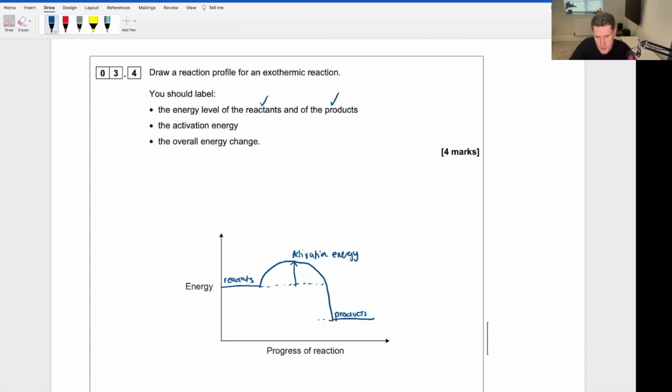Energy change is the difference in energy, so what you started with versus what you finish with. So it's from the start line to the end line. Okay, and that's it for 4 marks. That's a really nice question.